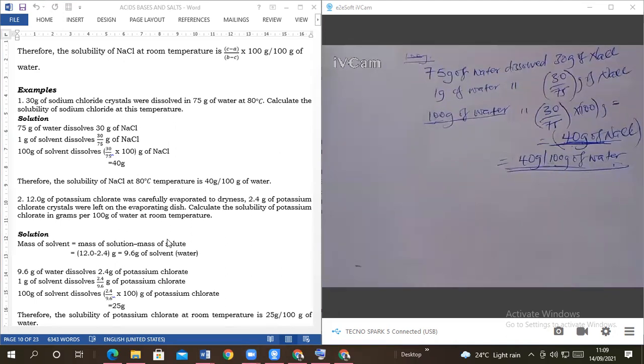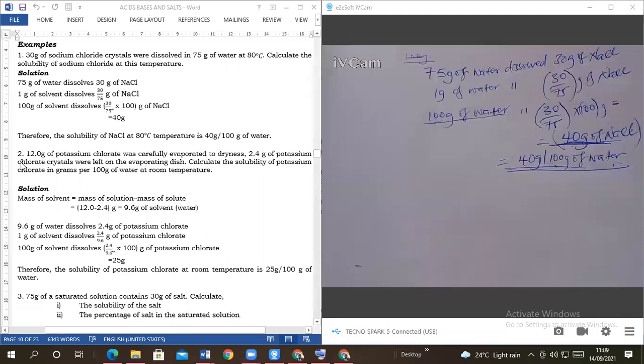Now, if you look at number 2, number 2 has a slight difference from the first one. The first one was direct, but number 2 has some trick. It says 12 grams of potassium chlorate were carefully evaporated to dryness.